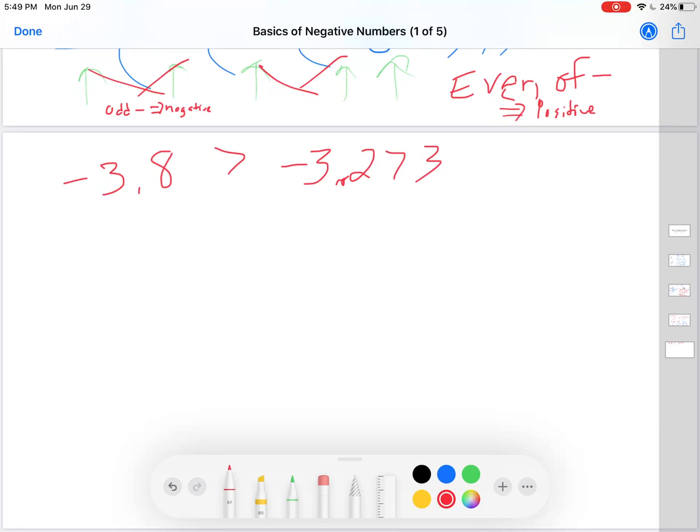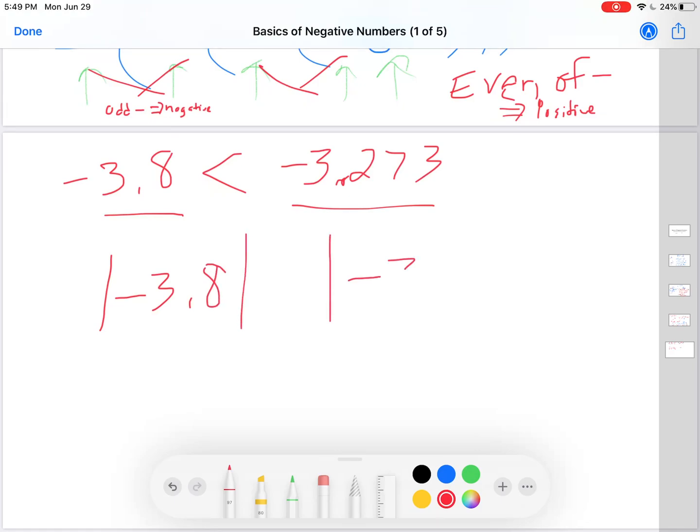Well, in this case, it is less than, because this is more negative than this. Got the idea?